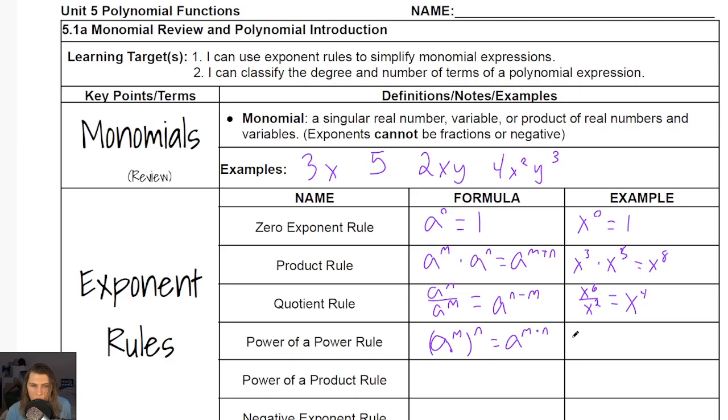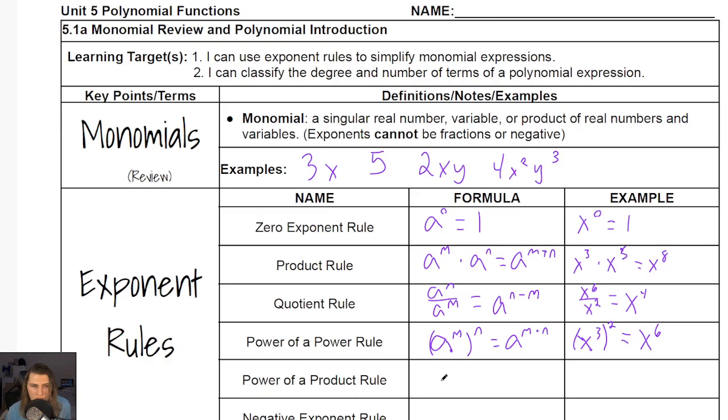Again, if we want to see this with actual variables, let's say we do x cubed, and then we square it. We're going to multiply the 3 and the 2 together. This gives us x to the 6th.